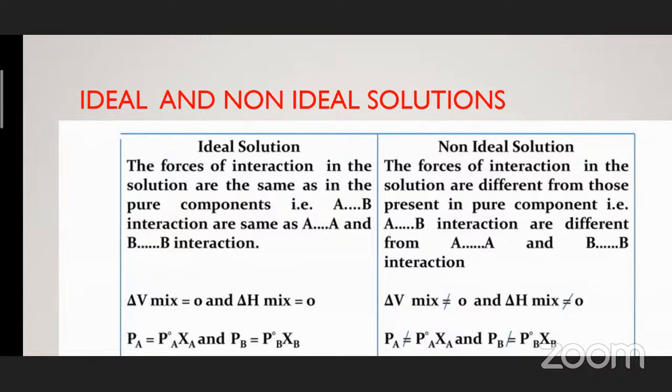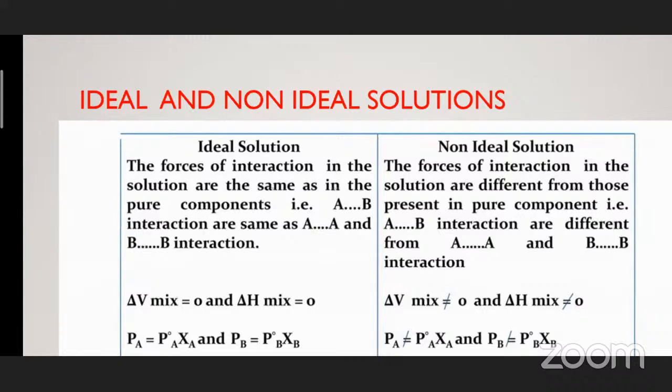So what are these? Let us see here. Suppose we take the solute as A and the solvent as B. Whatever substance we take, it will have intermolecular attractive forces.